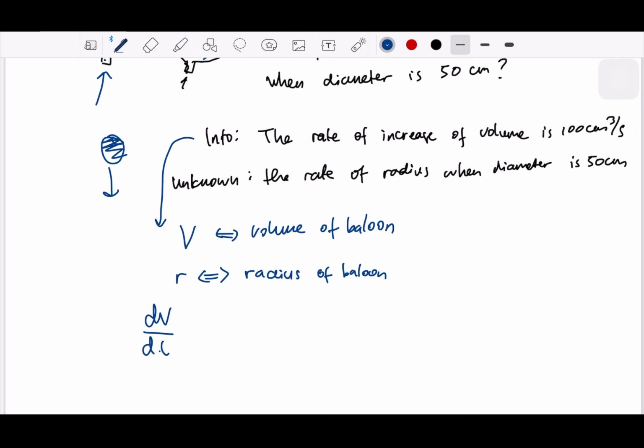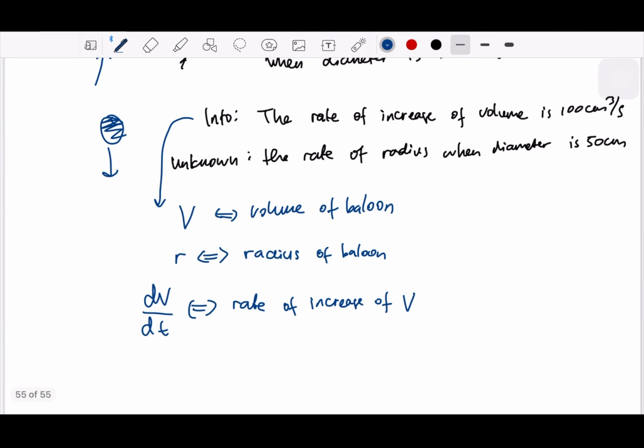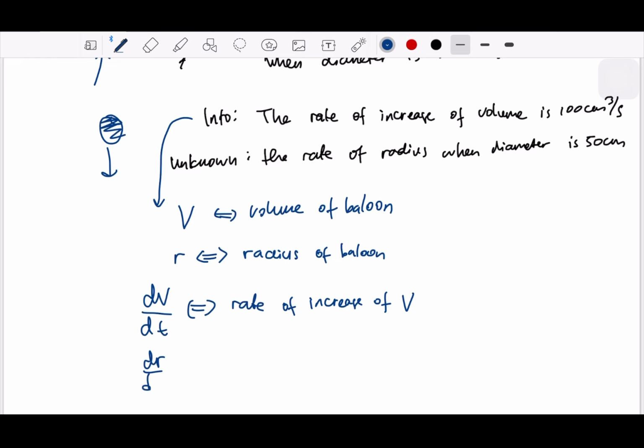dV over dt. So this will be the rate of increase of volume. And we also have dr over dt, which means the rate of increase of r. Okay.